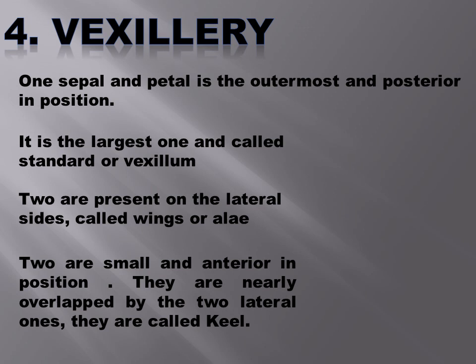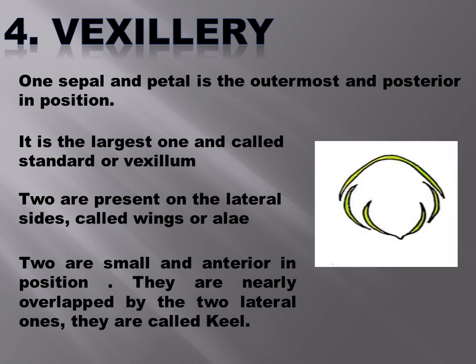So in vexillary estivation there is a standard or vexillum that is posterior in position. There are two lateral sepals or petals that are called the wings, and there is one anterior that is known as the keel. The keel is overlapped by the wings.